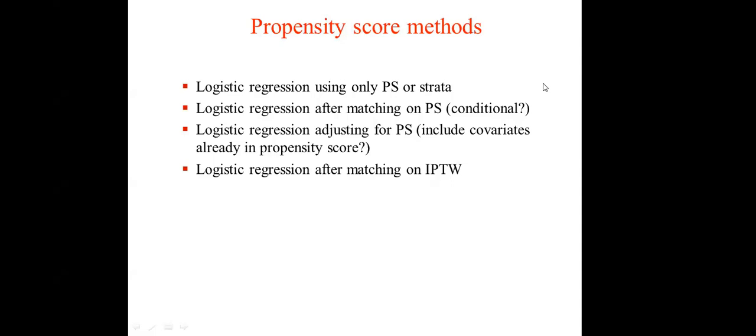That doesn't make sense to me if they're already part of the propensity score, but some articles have done an initial regression with covariates to predict treatment group, then they get the propensity score, and then they do that same regression over again with the propensity score. It doesn't make that much sense to me.